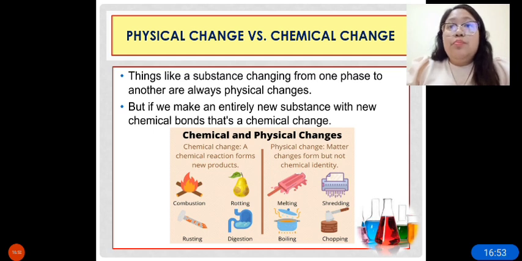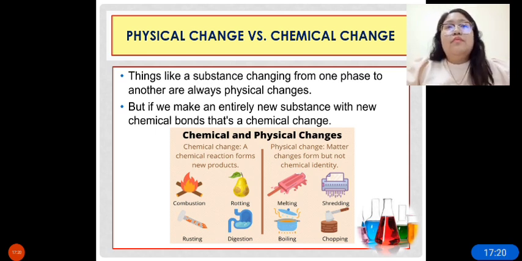The ice cube turns into water, but it's still H2O, right? It's just changed from solid to a liquid. Other examples of physical changes include boiling of water, shredding paper, or chopping of vegetables. In all these cases, we're changing the form of the substance, but not the substance itself.